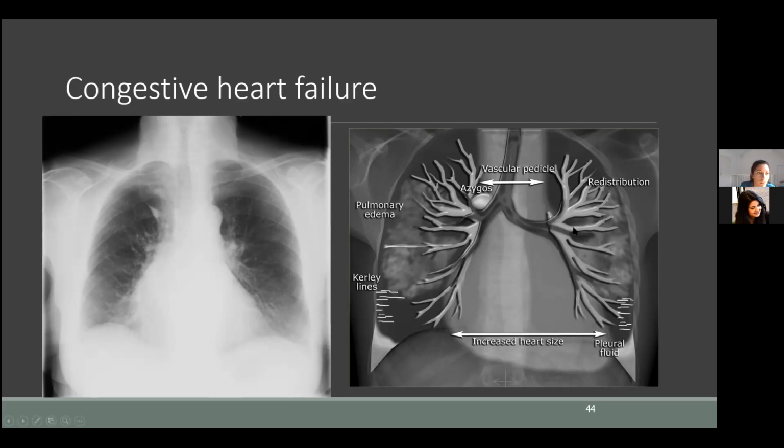So all the previously non-perfused vessels might be open as well. And you can see pulmonary edema, which is caused by leakage of fluid into the alveolar space, and you can see Kerley lines, which are caused by leakage of fluid into the interstitium, for example, a thickening of the interlobular septa.